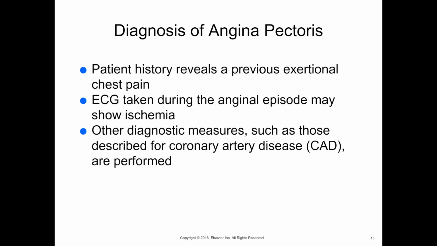So diagnosis of this, typically previous exertional chest pain episodes. An ECG may show signs of ischemia, but it should be a relatively normal ECG. It's important to note that a normal ECG does not exclude a diagnosis of angina either, though. Other diagnostic measures will also be performed.